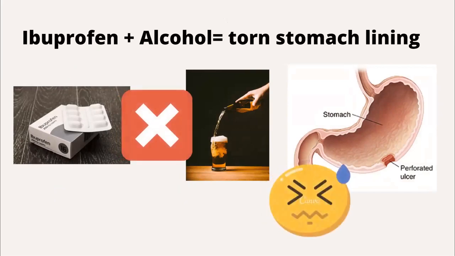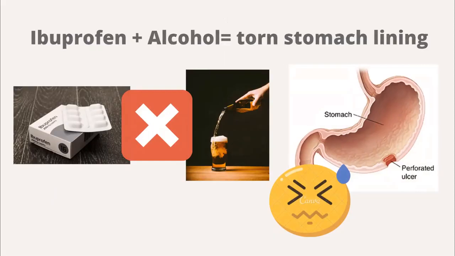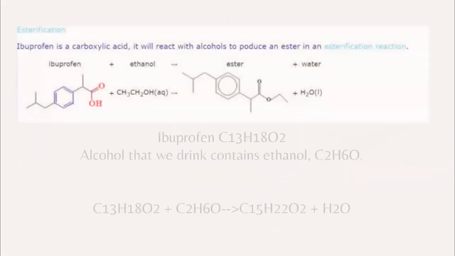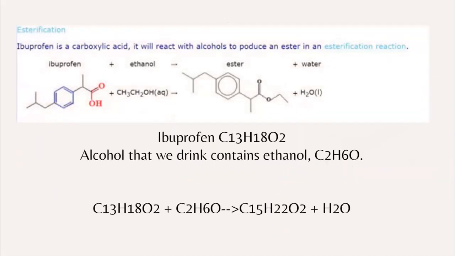Okay, the next thing that we should not mix is ibuprofen and alcohol, which will harm our stomach lining. Ibuprofen is a carboxylic acid with molecular formula C13H18O2. It will react with the alcohol that we drink, which is ethanol, with the molecular formula C2H6O, to produce an ester in an esterification reaction.